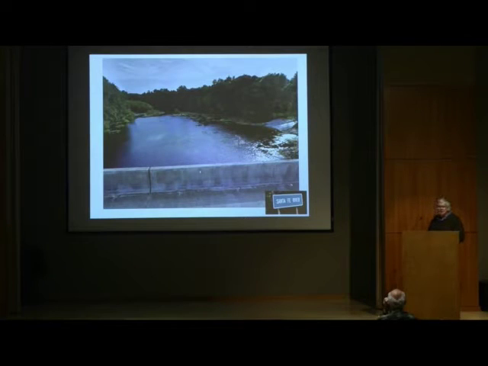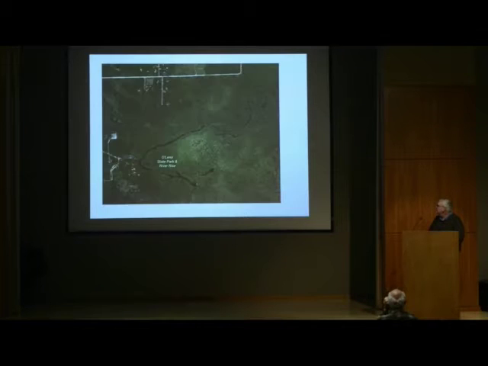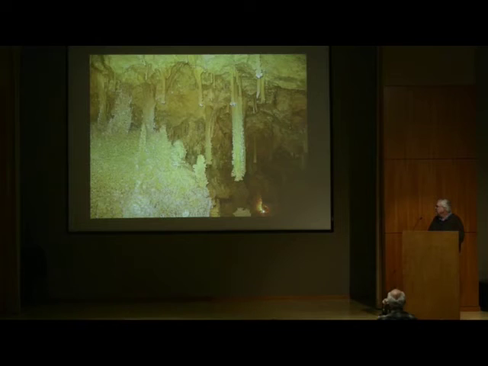I mentioned the case of the disappearing river in Florida, the Santa Fe River, that in the area north of Alachua or Gainesville, the river runs into a hole in the ground, a big sinkhole, and then it just disappears, emerging many miles downstream to eventually flow into the Suwannee River.